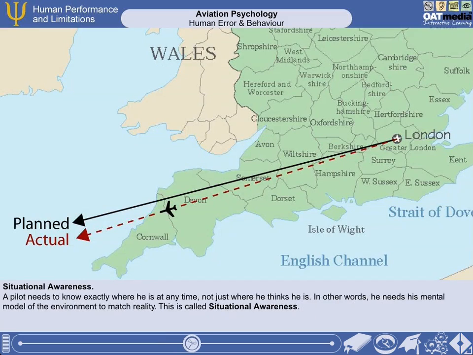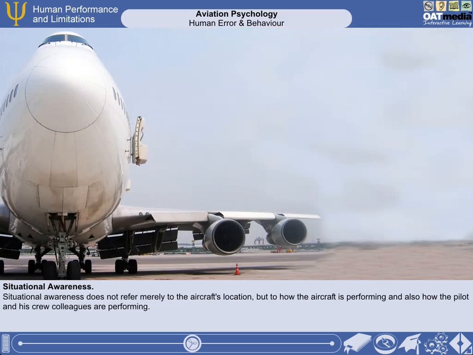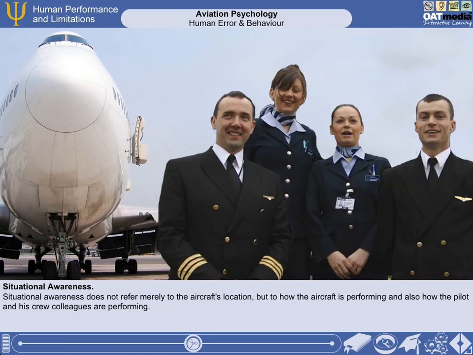A pilot needs to know exactly where he is at any time, not just where he thinks he is. In other words, he needs his mental model of the environment to match reality. This is called situational awareness. Situational awareness does not refer merely to the aircraft's location, but also to how the aircraft is performing, and how the pilot and his crew colleagues are performing.